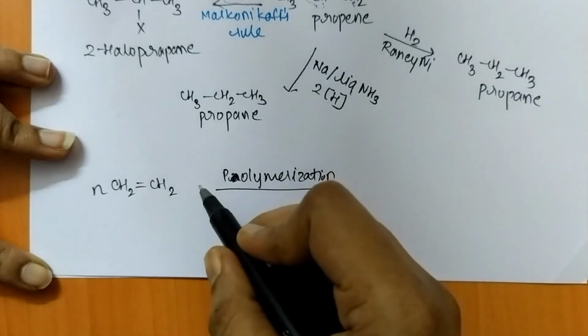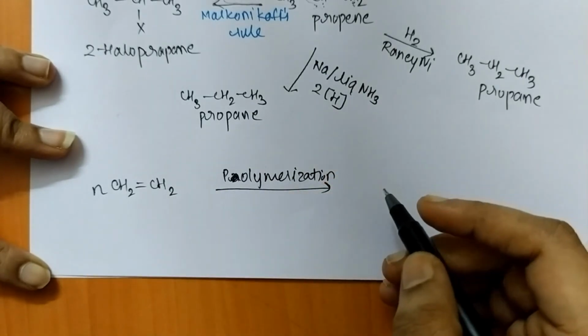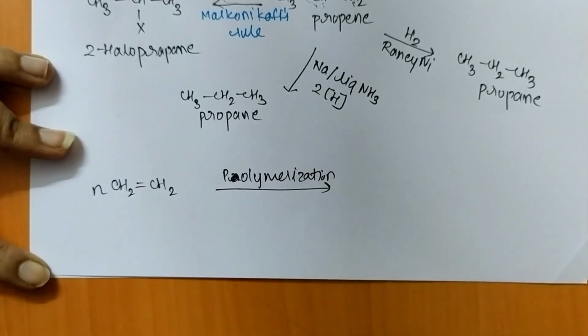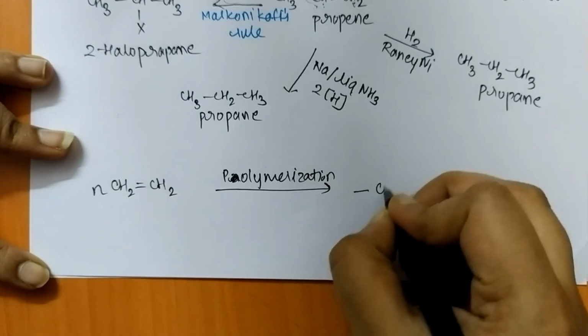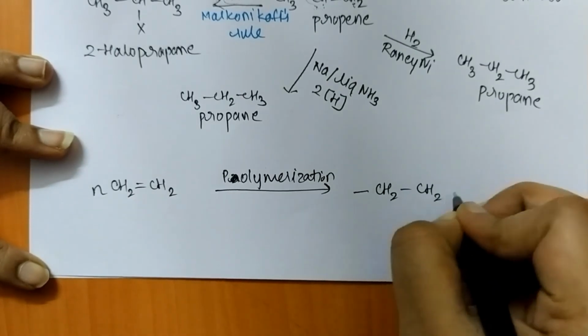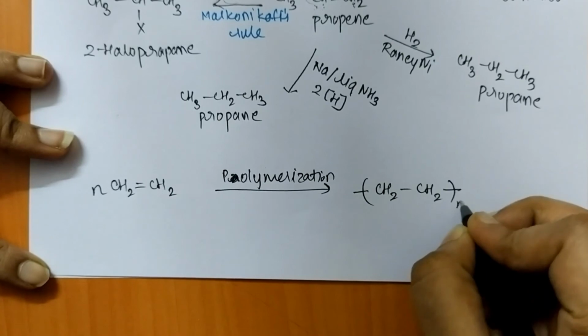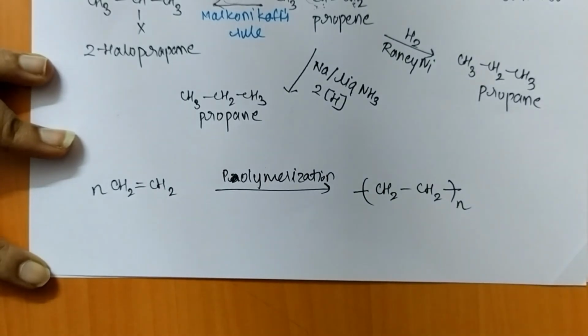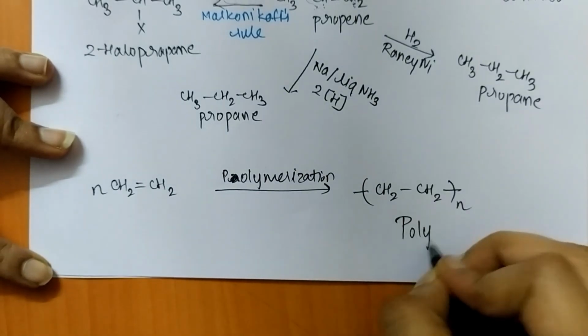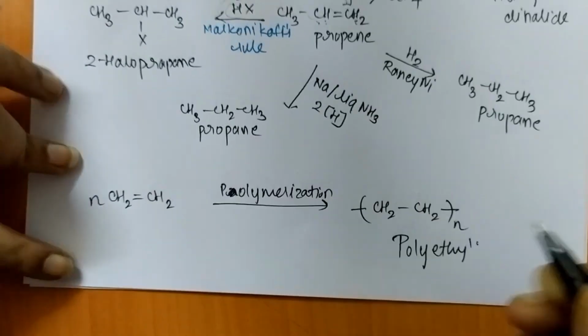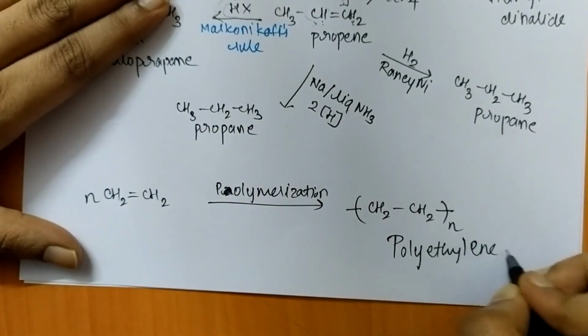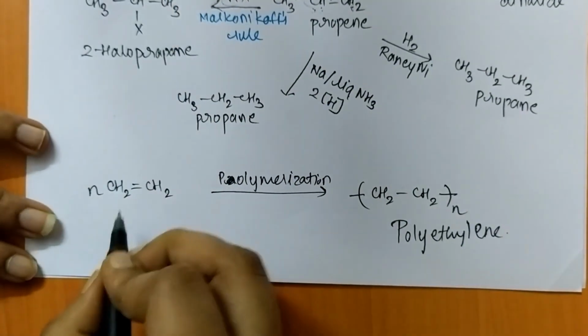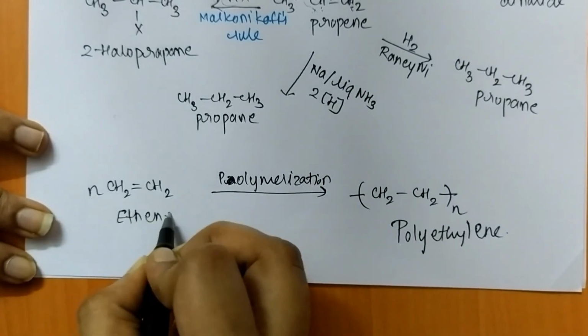On polymerization, it is going to lead to the formation of polyethylene. That is, we are going to get CH2-CH2 with a bracket, that is n times. So this is called polyethylene. And this is definitely ethane.